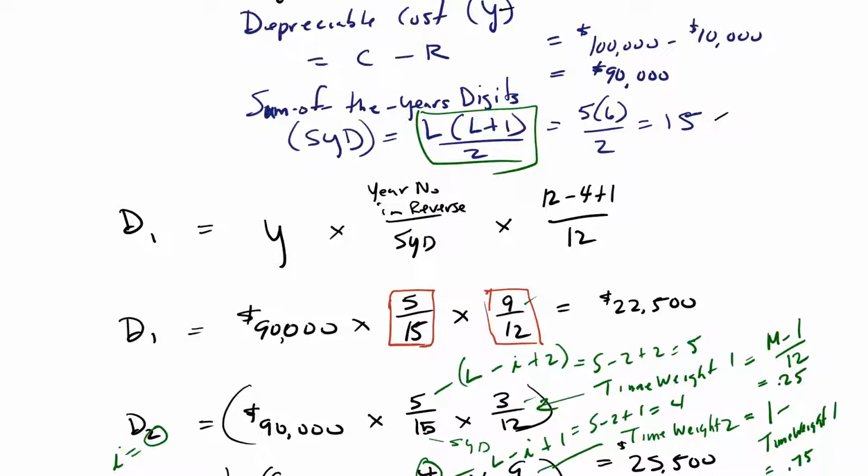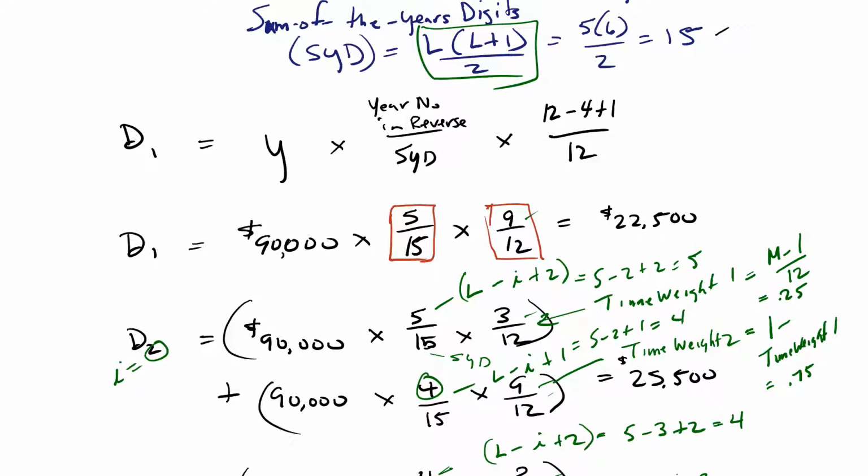Now it's worth mentioning that year one is a little different than the other years, in that you only have one instance where you're taking the depreciable cost, multiplying by an SYD fraction, and then multiplying by the second time weight, or time weight 2.